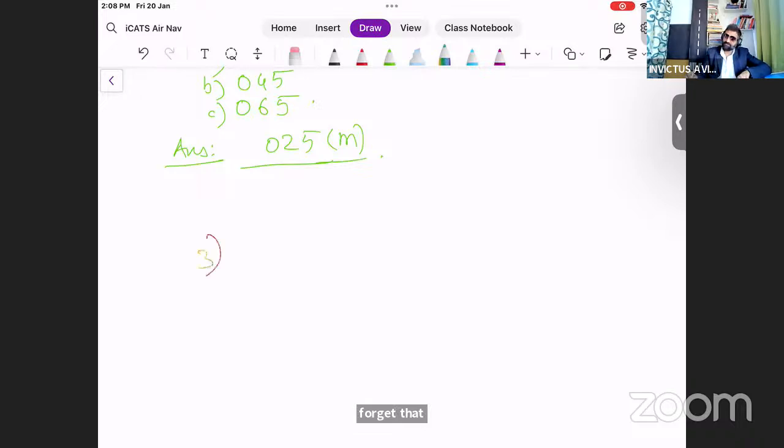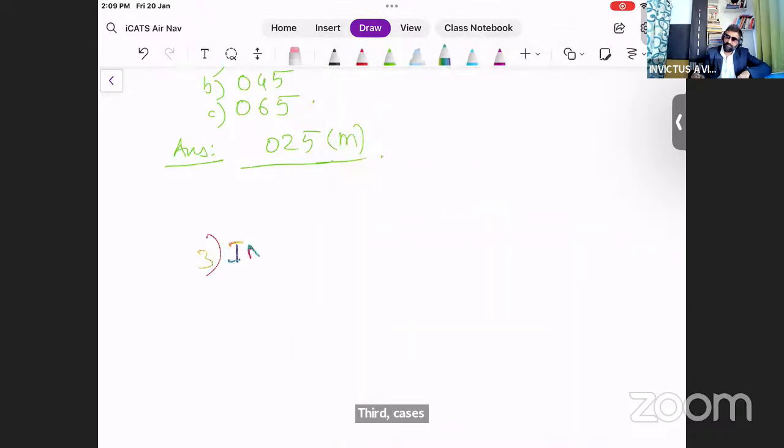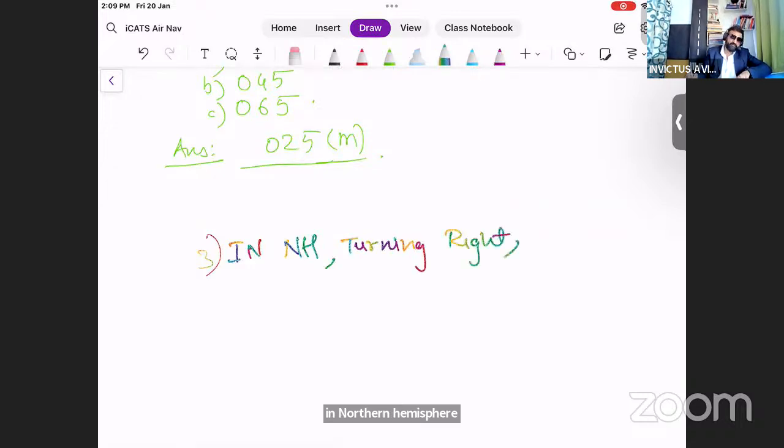Third case is, again, now leave your assumptions aside, everyone, okay? In Northern Hemisphere, turning right, okay, from 135 to 225.